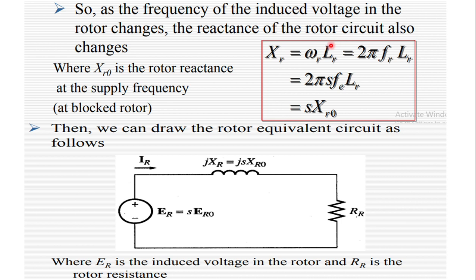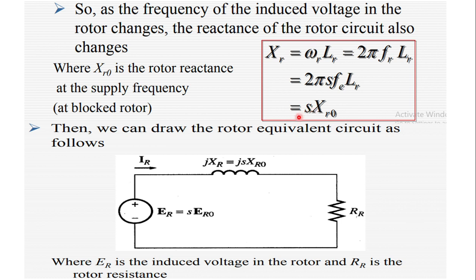If the frequency is changed, the reactance also changes, both directly proportional. So the rotor reactance is 2 pi s f_e L_R, since rotor frequency is equal to s f_e, which means X_R = s X_R0, where X_R0 is the reactance at s equal to 1.